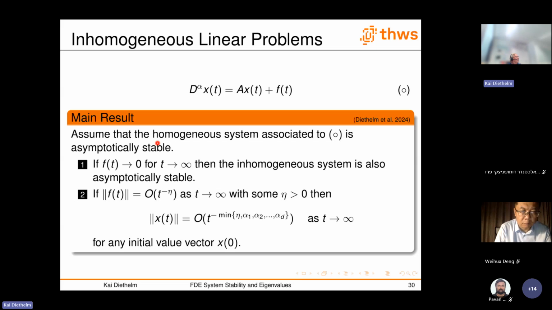And if you also know that this tends to 0 with a certain algebraic decay rate, then the components of the solution also decay with a certain decay rate, namely the minimum of this decay rate of the forcing function and each individual order.